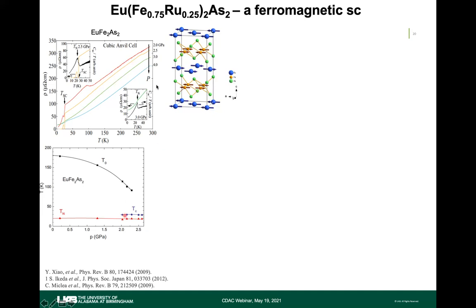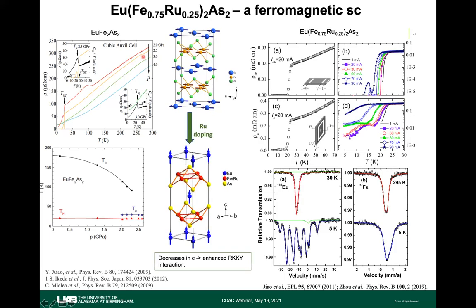By the way, this is crystallized in a tetragonal structure, so that's a different type of crystal lattice from the 112. With 25% of ruthenium doping, the crystal lattice actually has a decrease in the c-axis.